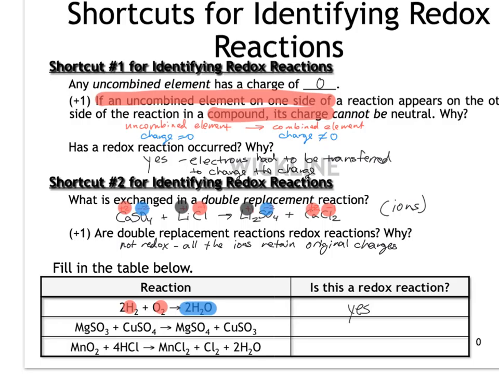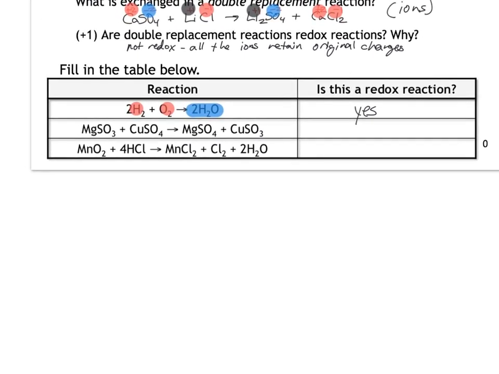All right, next example is magnesium sulfite with copper sulfate making magnesium sulfate and copper sulfite. This reaction is a double replacement reaction, and therefore it is not a redox reaction according to shortcut number 2.